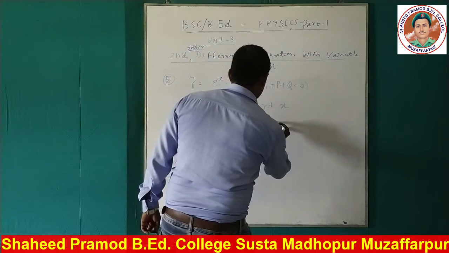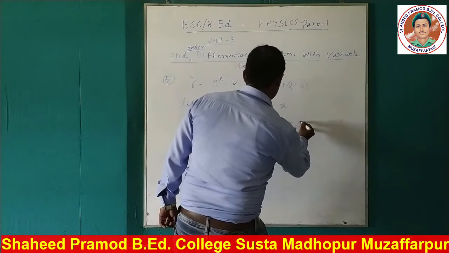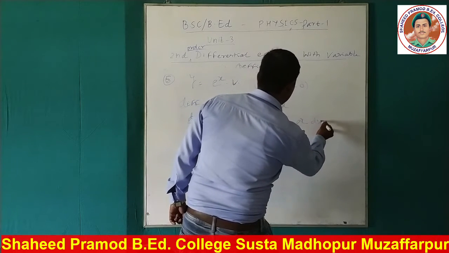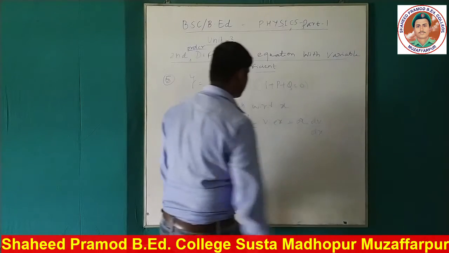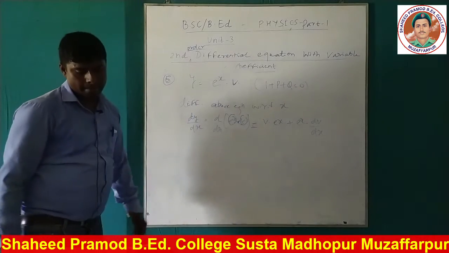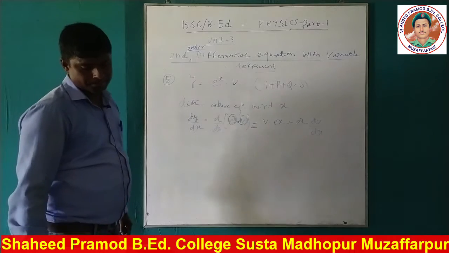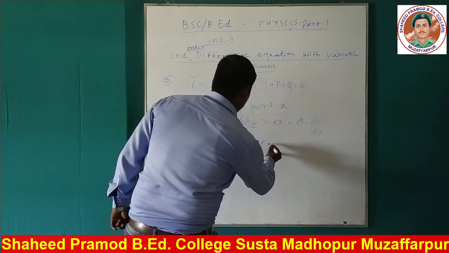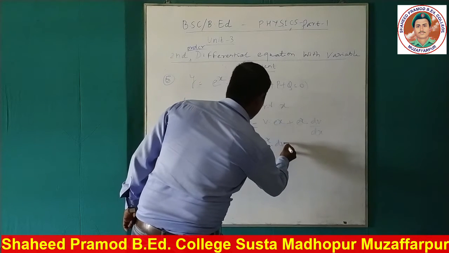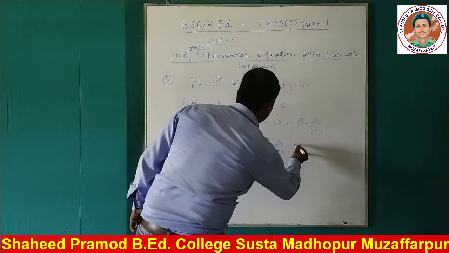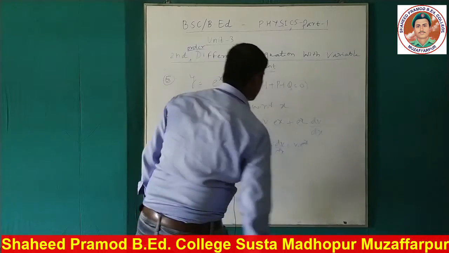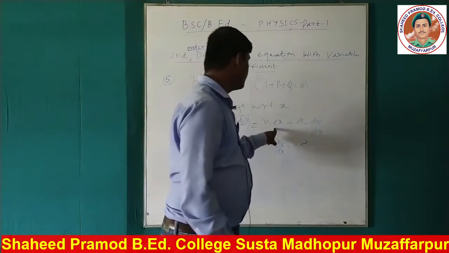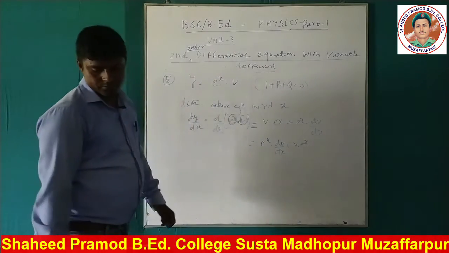So v into e^x plus e^x into dv upon dx. Okay, that will be e^x dv upon dx plus v into e^x, because differentiation of e^x is e^x.